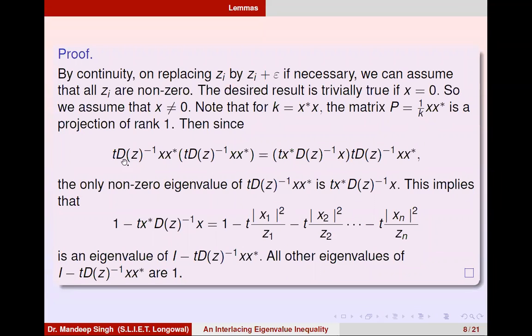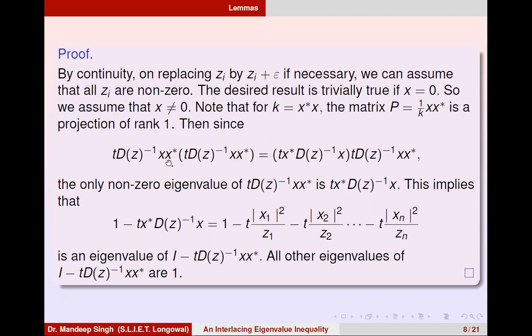Then look at this equation now. I just multiplied two expressions of this kind: t D_z inverse x x star, and t D_z inverse x x star, which gives me what? By associativity, I can take this part out.